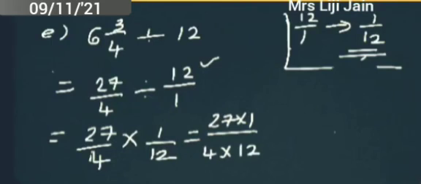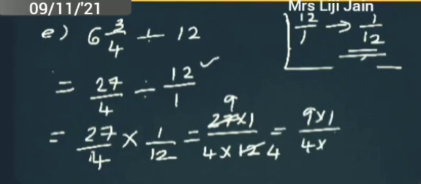Yes, by 3. 3 9s are 27, 3 4s are 12. So what remains? 9 into 1 by 4 into 4, that's equal to 9/16. 9/16 is our final answer.